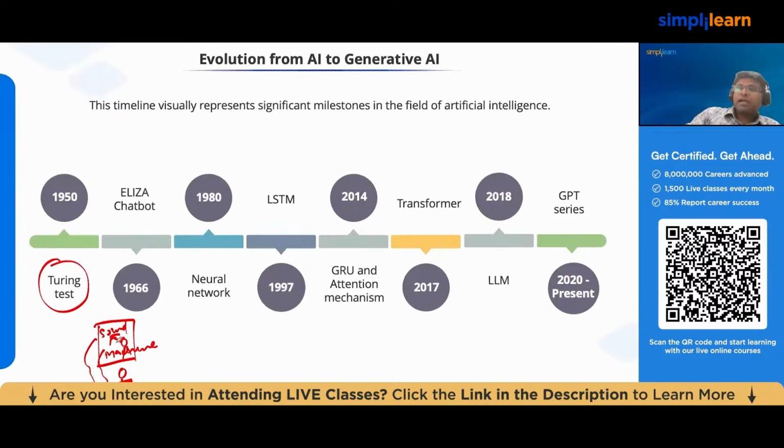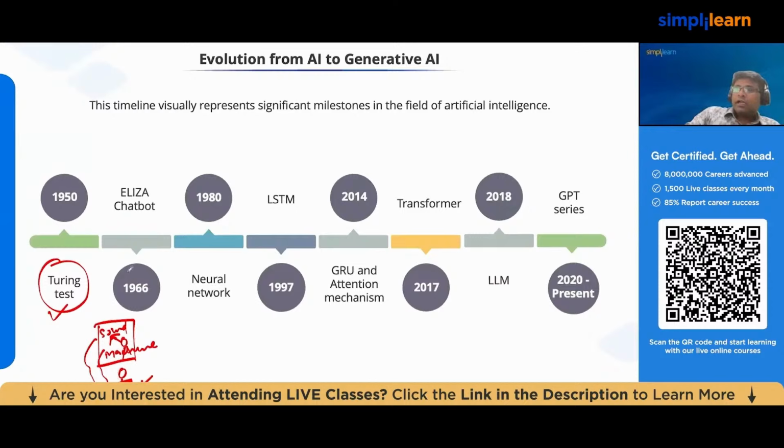Basically the idea is that the sound is trying to mimic whether it is from a human or from a machine, and the person outside the room has to identify it correctly. If it identifies correctly, the Turing test has failed, but if it doesn't identify correctly, then the Turing test has passed. So the Turing test is basically a machine trying to mimic humans, to fake being a true human being. That is what the Turing test was.